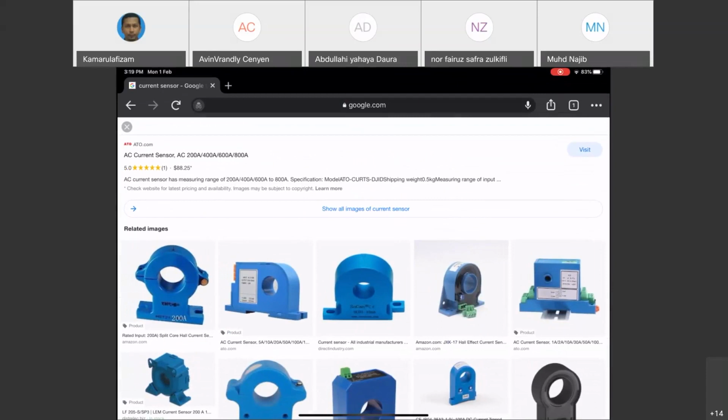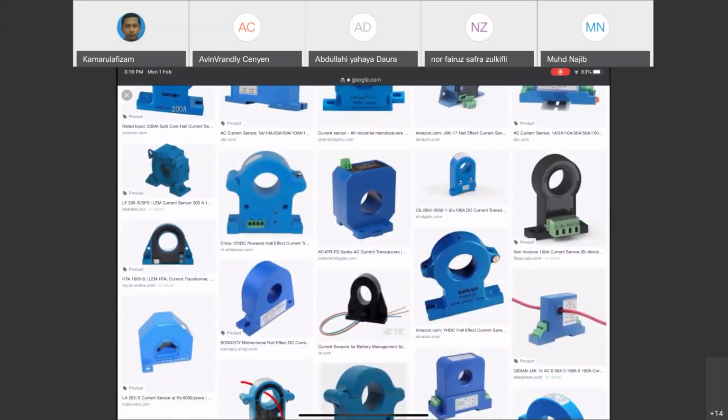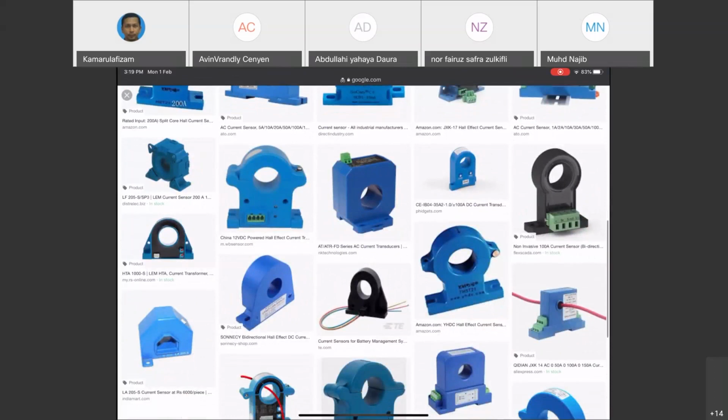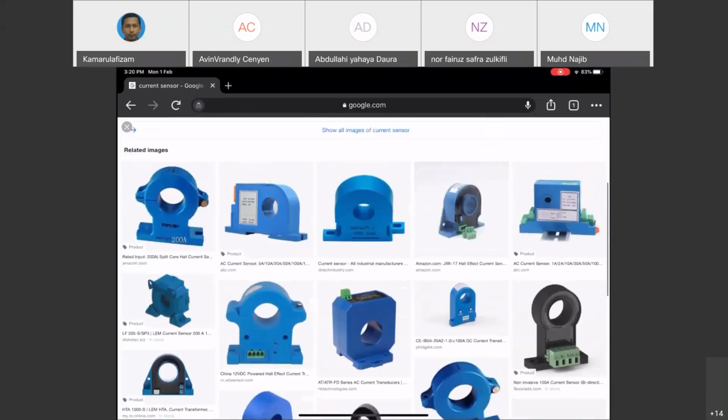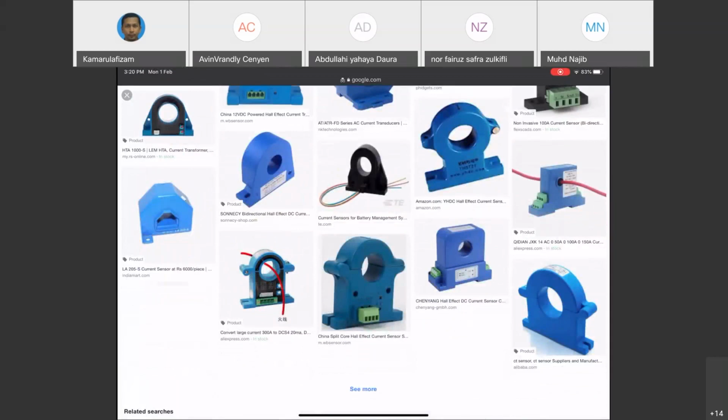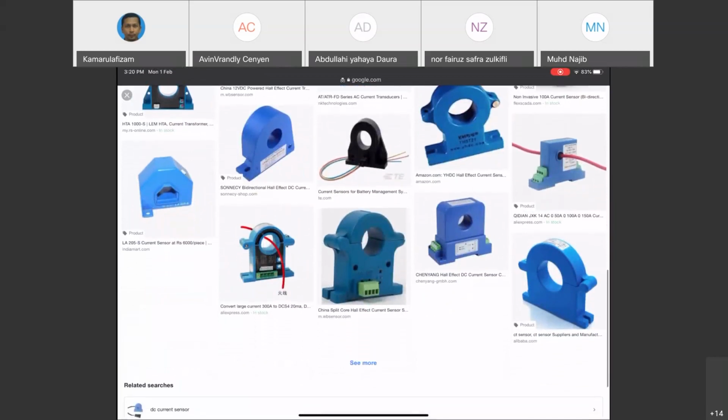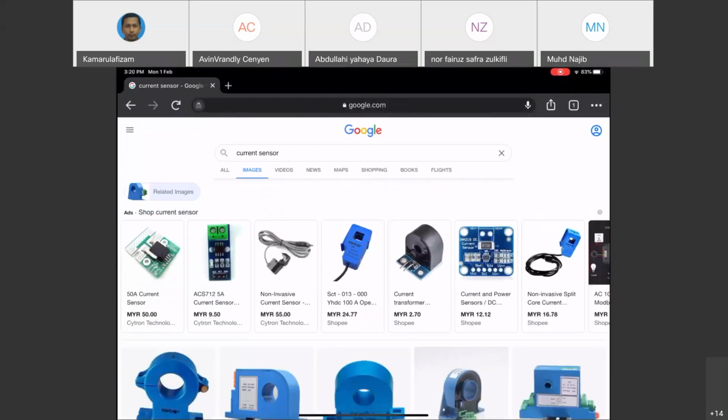So I'll keep on looking for something close to 10 amps. All right, this is 50 amp right there. This is 50 amp. Or this is 300 amp. Are there any smaller ones? This is 100 amp. 50 amp.